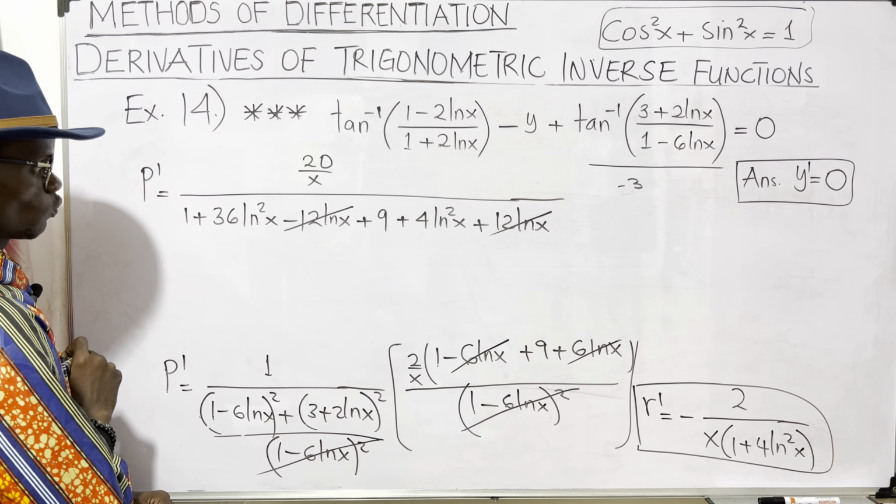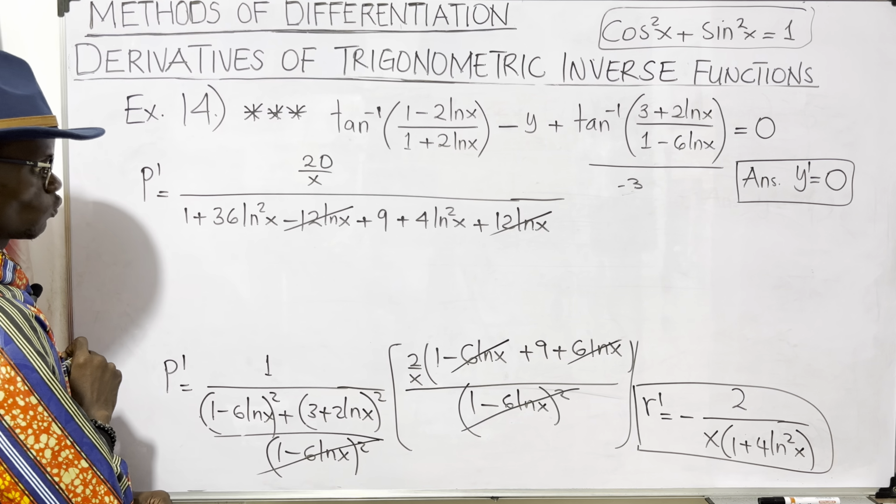And what do we have? P prime equals 20 all over, this x comes downward. 1 plus 9 is 10. And then 36 plus 4 is 40 ln squared of x. So we can factor out 10.